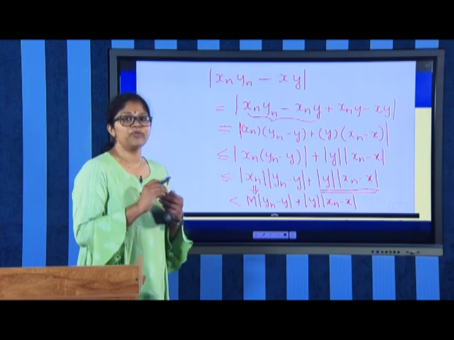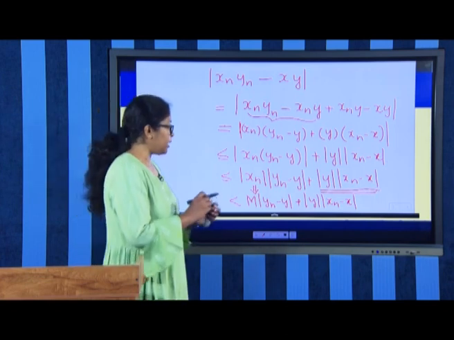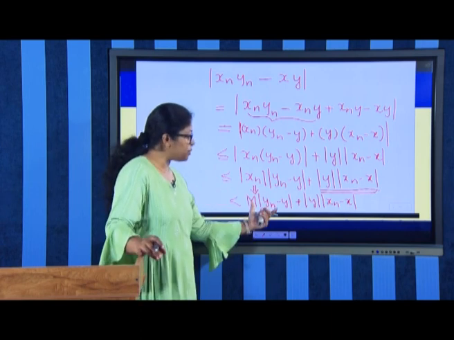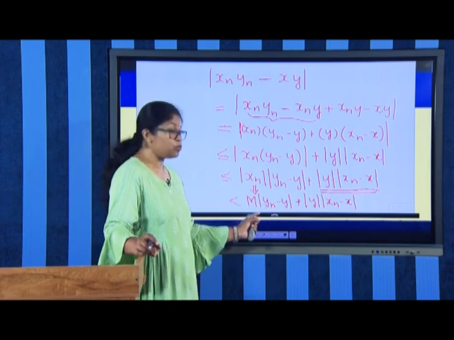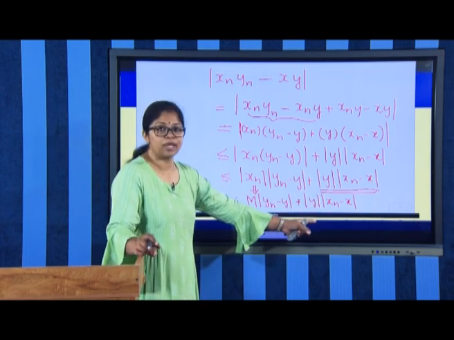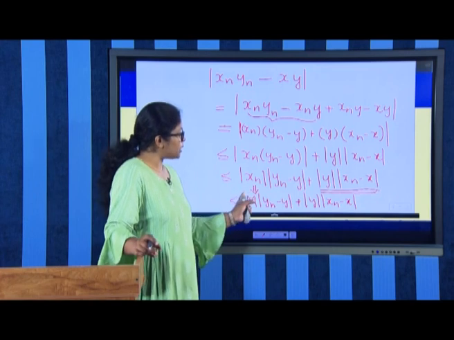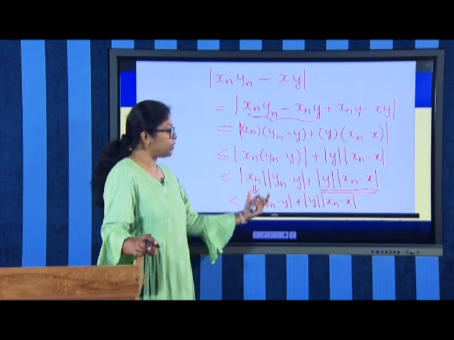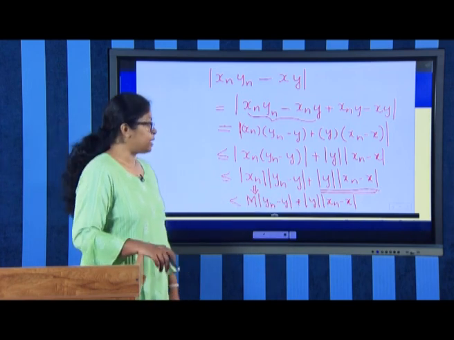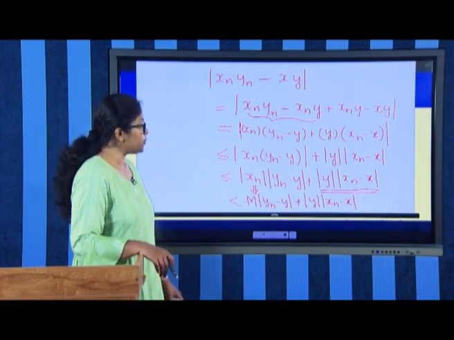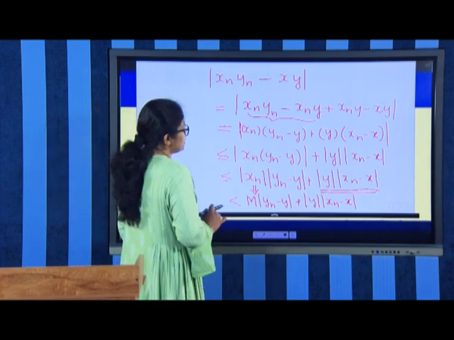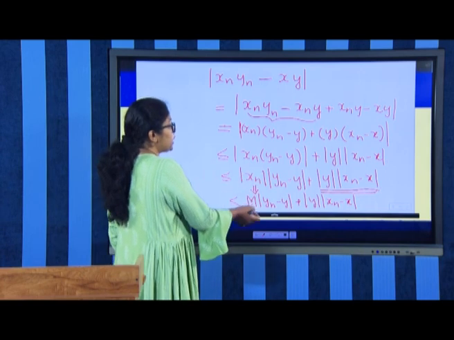So, as I told you, we can do a small adjustment with epsilon values, so that this can be made less than epsilon by 2m for example, and this can be made less than epsilon by 2 times modulus of y, so that modulus of y and m gets cancelled. We will get less than epsilon by 2 plus epsilon by 2, and that can be made less than epsilon. So, we can do such adjustments to prove the result, but remember that it should be logically correct.